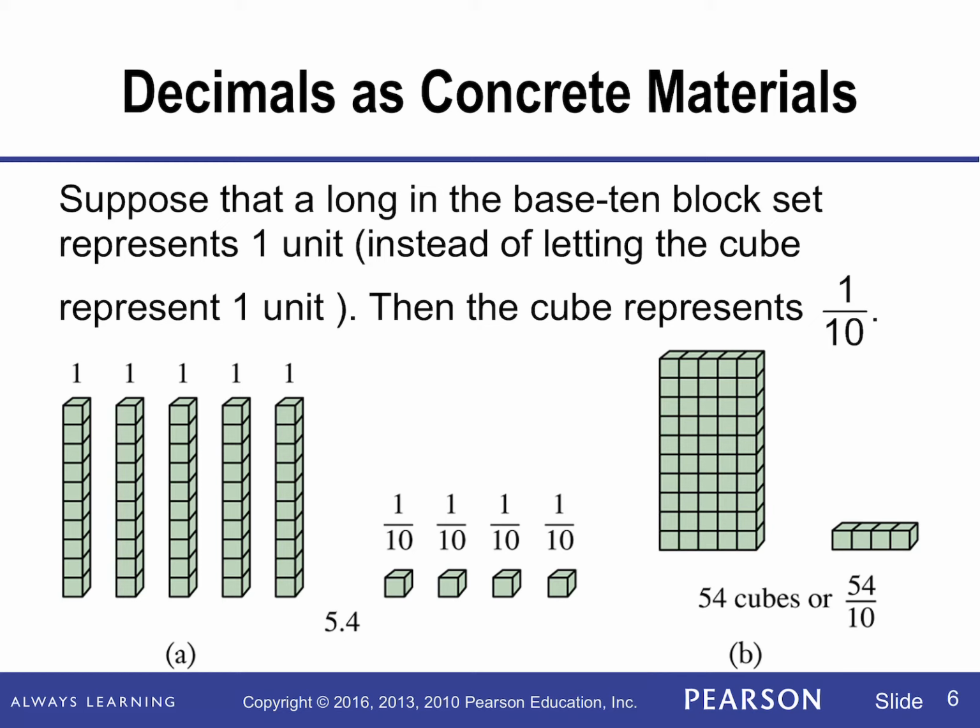So if I wanted to represent the number 5.4, I would get out 5 longs for the 5, so 5 ones, and then 4 tenths. Now if I put all those together, what do I have? I have 54 cubes. Those cubes are each 1/10, so that represents 54 tenths. So 54 tenths is equal to 5.4.